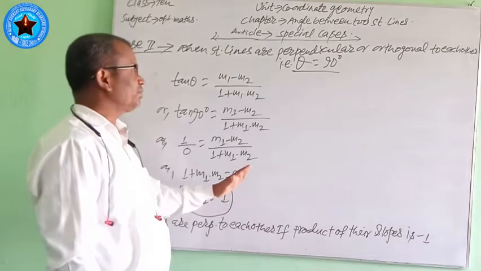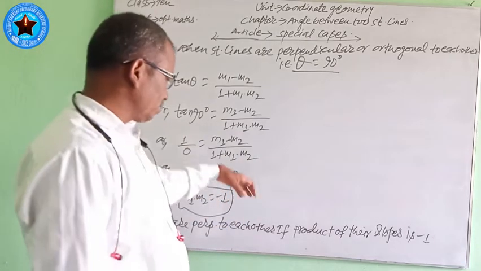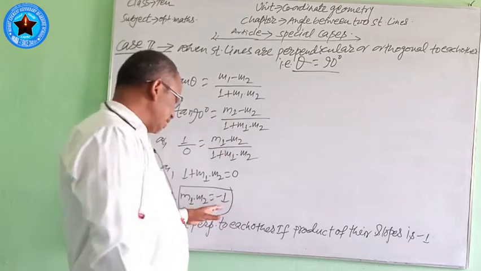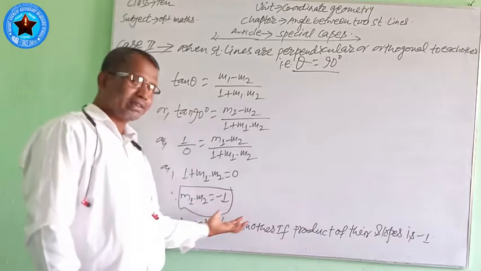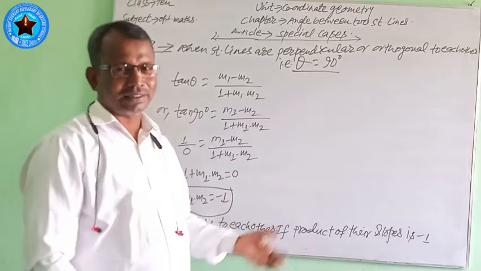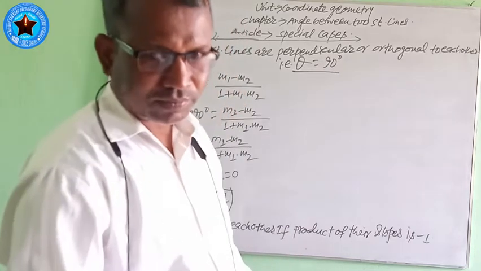If the equations of two straight lines obey this condition, we can say that the straight lines are perpendicular.